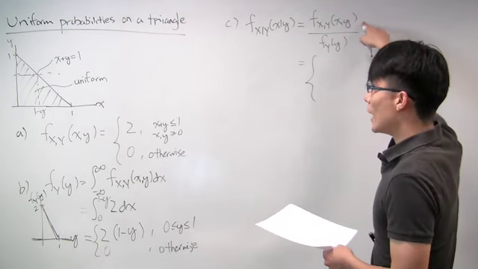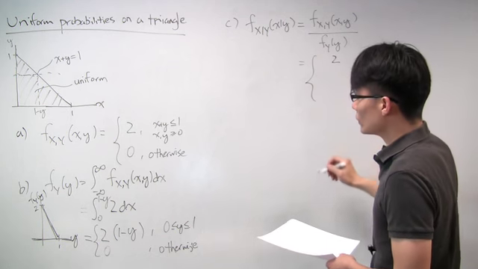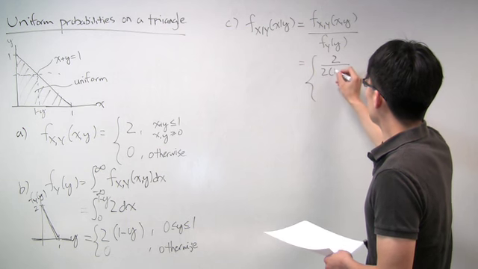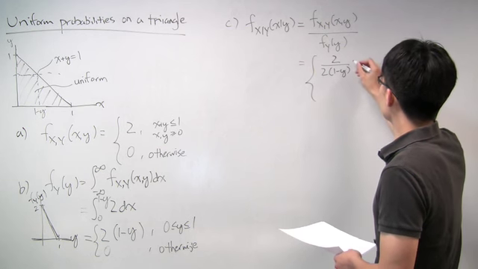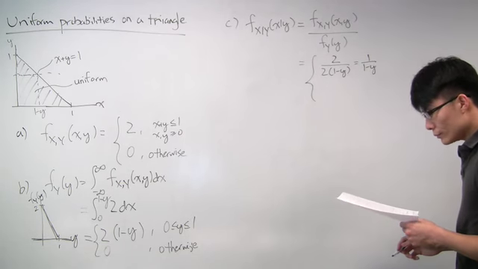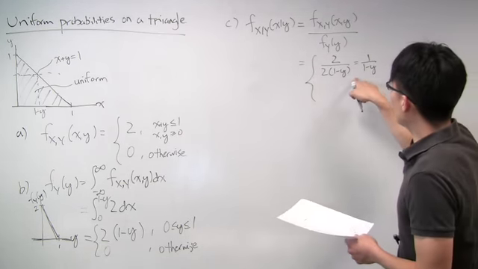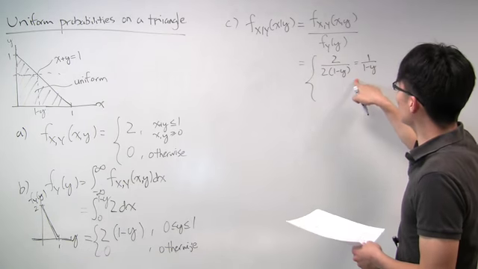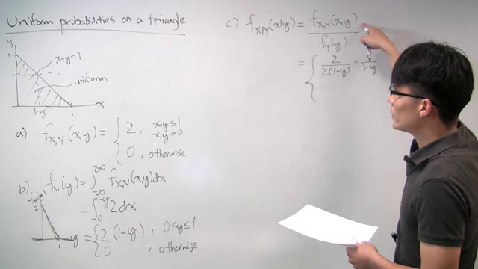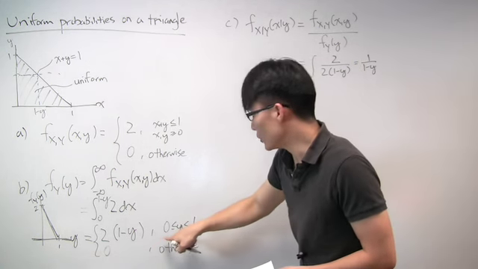So the top, when it's non-zero, is 2. And the bottom, when it's non-zero, is 2 times 1 minus y. All right, so we can simplify that to be 1 over 1 minus y. And when is this true? Well, it's true when x and y are in the triangle and y is between 0 and 1.